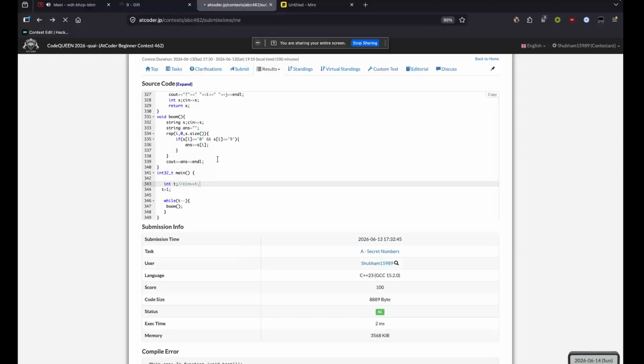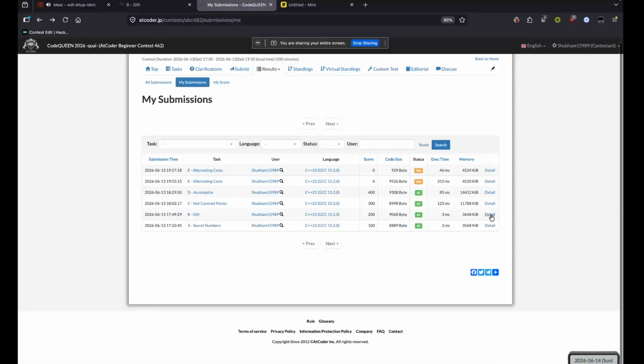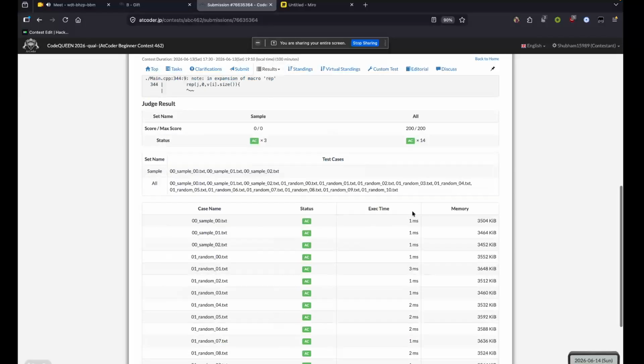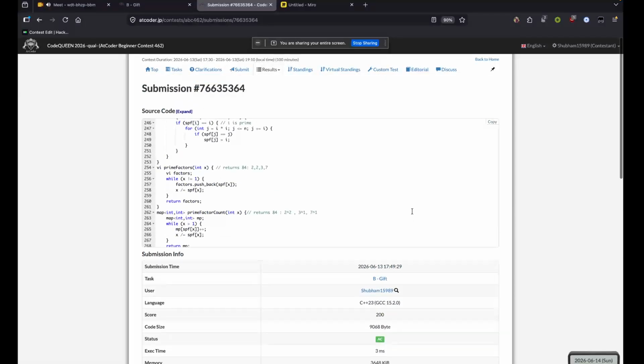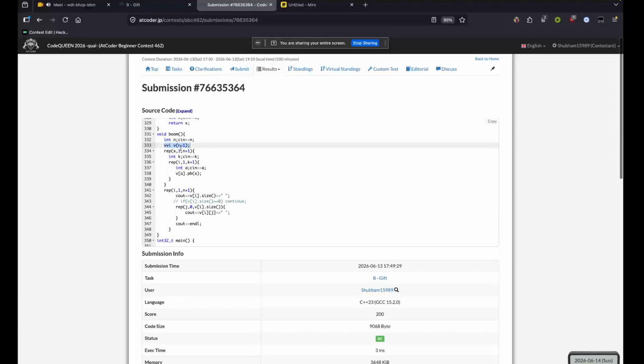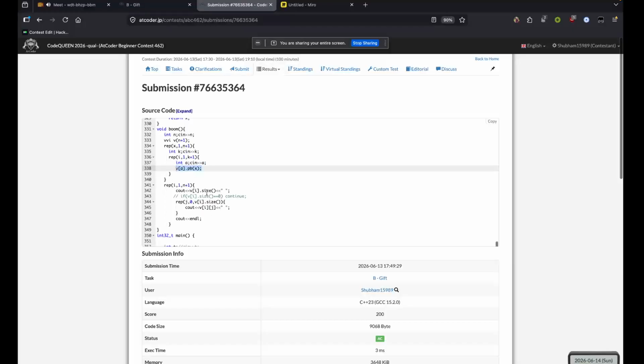So if I show you the code, I am taking a 2D vector of size n plus 1, and first I am taking input k, that is the number of persons receiving the gifts, and then we take input and push back, which I already discussed.